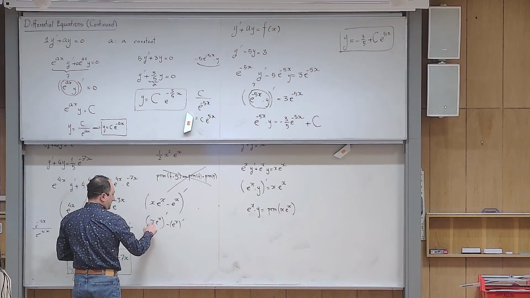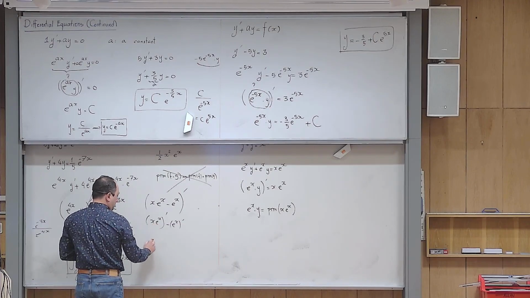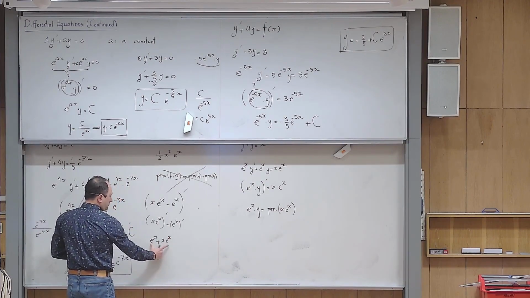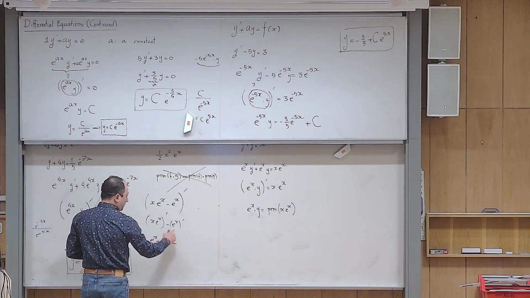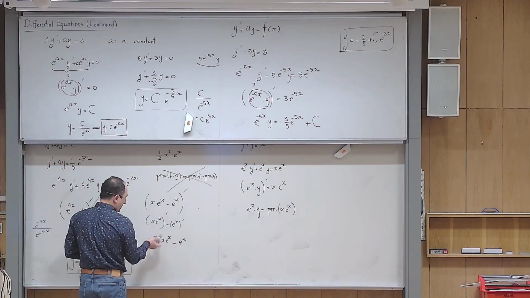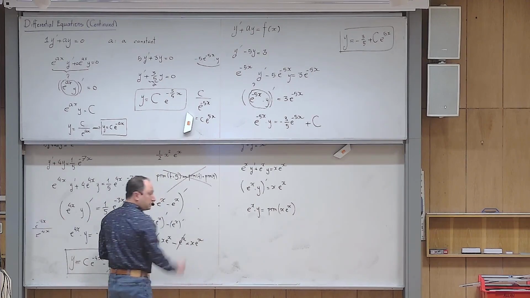So this is the derivative of the first function, which is 1 multiplied by the second one, plus the first one multiplied by the derivative of the second one. But the derivative of the second one is the same as itself. So this, what I have written here, is this, and minus, what is the derivative of e to the x? e to the x itself, and what Aaron constructed was correct because these two cancel out, and then what is left is x e to the power of x.